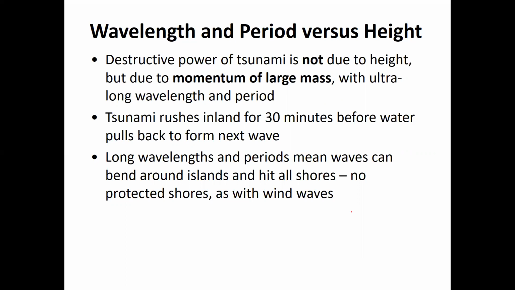A tsunami rushes inland for approximately 30 minutes before it pulls back out to form the next wave that washes in for 30 minutes. Long wavelengths and periods mean that the waves can bend around islands and hit all shores, so no shores are actually protected from the tsunami. If you have a small island and a tsunami traveling in one direction, it's not only this coast that is affected.